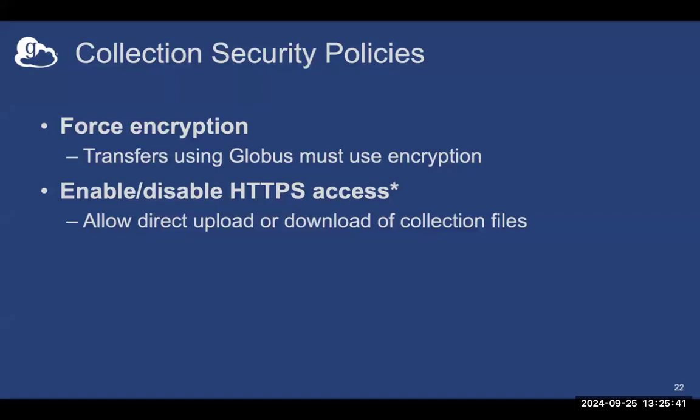So from a portal application or from a web app, you could have a direct link to data that's hosted on that collection. You would log in using your Globus credentials, but then the file would be downloaded directly instead of requiring another collection to transfer the data to. You can interact with it from your desktop or laptop machine.